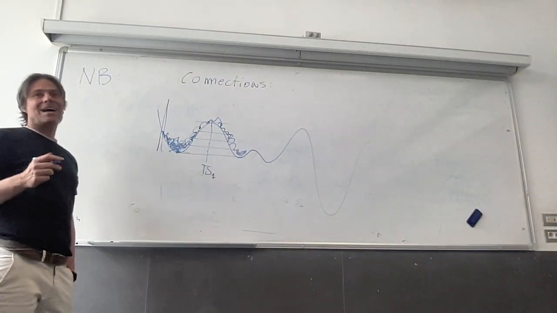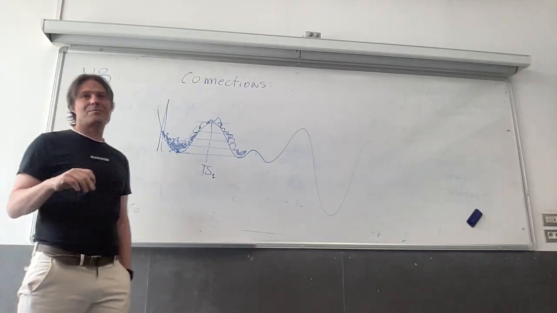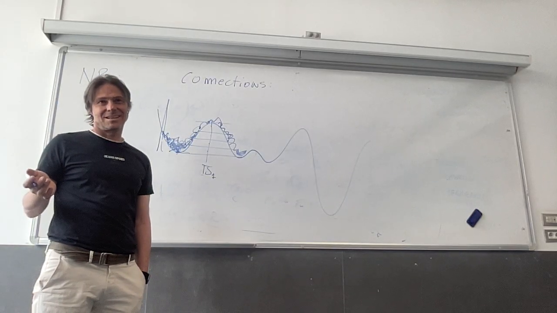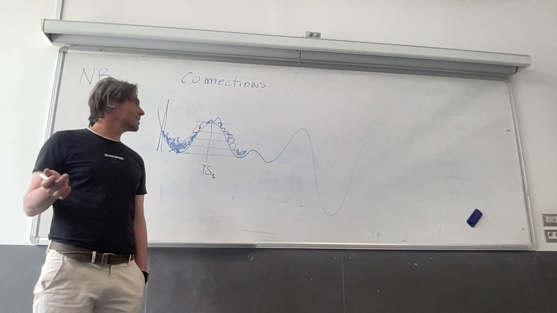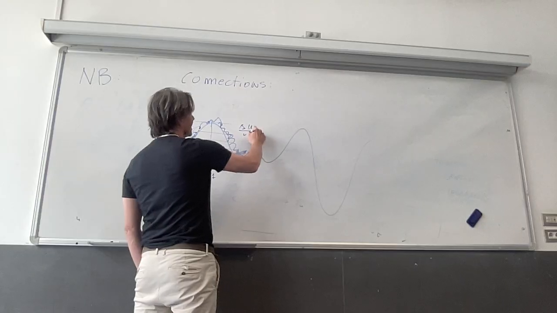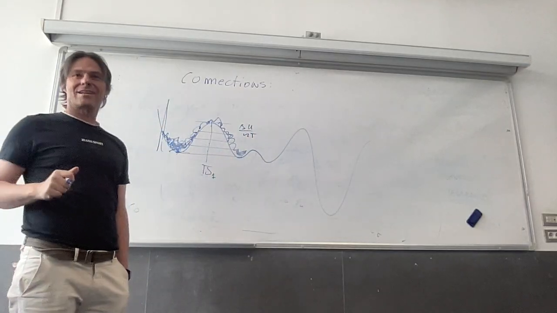Every time I throw a dice, I have 50% probability to go in the right direction or in the wrong direction. And I need delta U over kT tosses in the right direction.